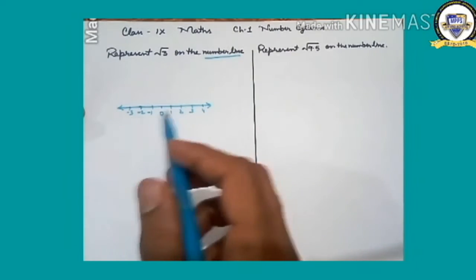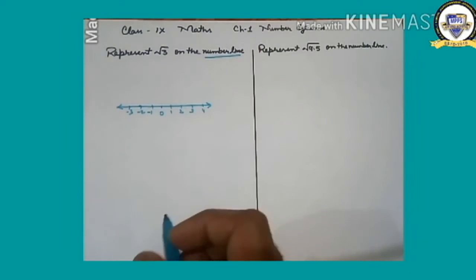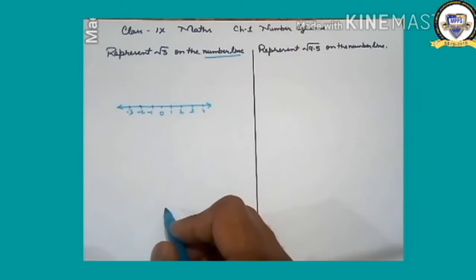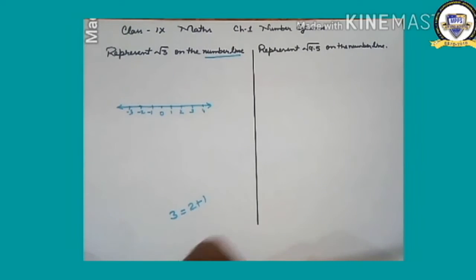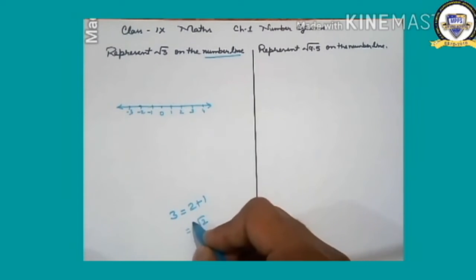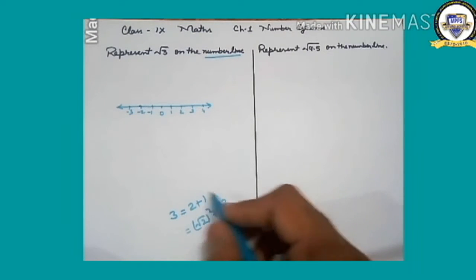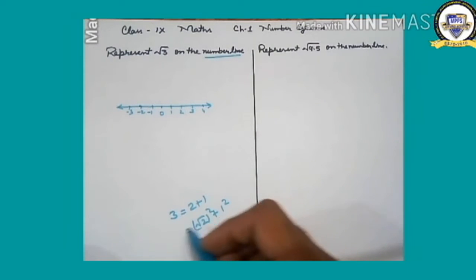First, just think logically. Here the question is square root 3. So how can square root 3 be formed? If we consider 3 can be formed as 2 plus 1, now square root 2 whole square plus 1 square, as I am using the Pythagoras theorem.